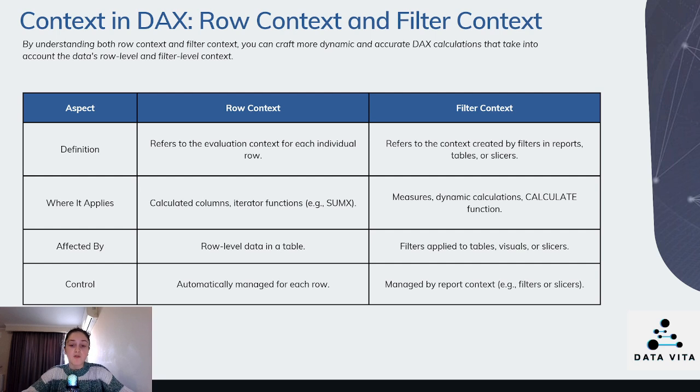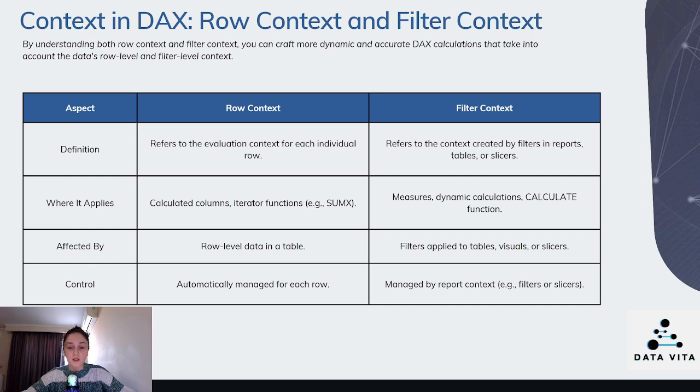For example, if you create a calculated column that subtracts the cost from the revenue for each row in a sales table, the row context ensures that the calculation is applied to each row individually. Filter context is a bit different. It refers to the context created by filtering in report tables or slicers. In Power BI, this is commonly used when creating measures, dynamic calculations, or when working with the CALCULATE function.